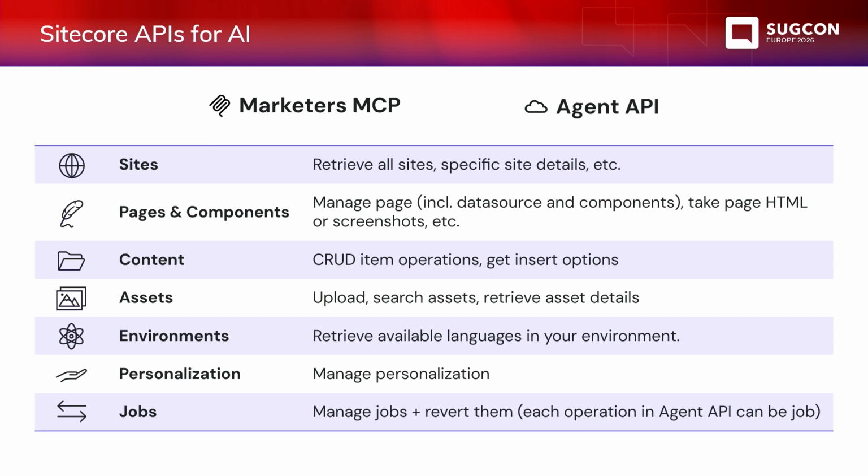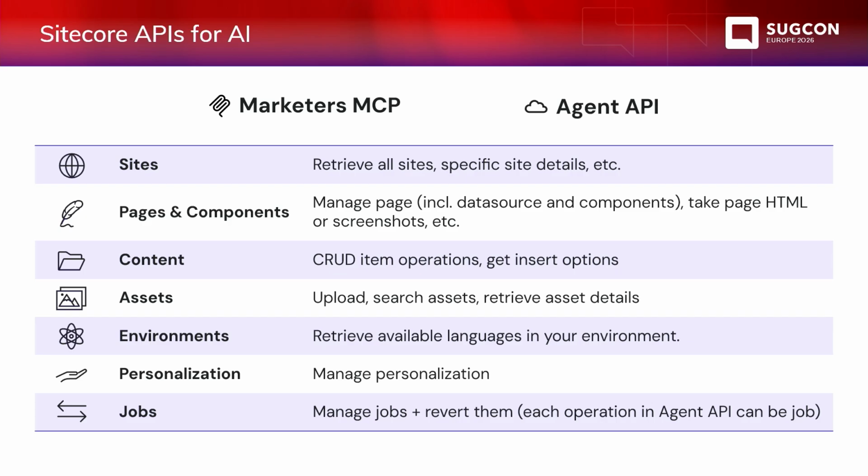The answer is that the key feature of Agent API is the level of abstraction it gives. So think about a simple operation, add some component to the page. Usually it requires you to read the component details, read the data source details, create new data source, update page layout, save page item, and so on.